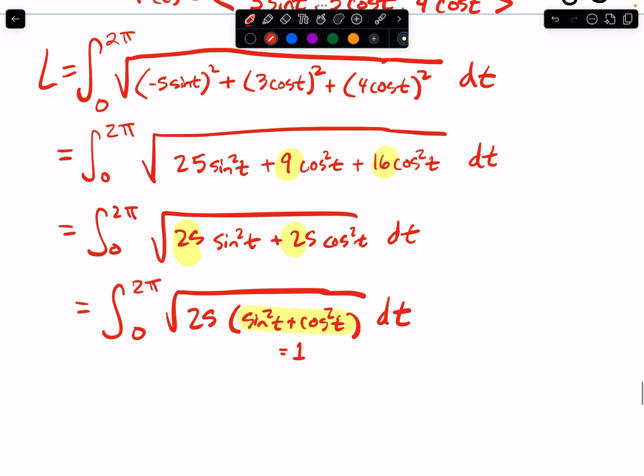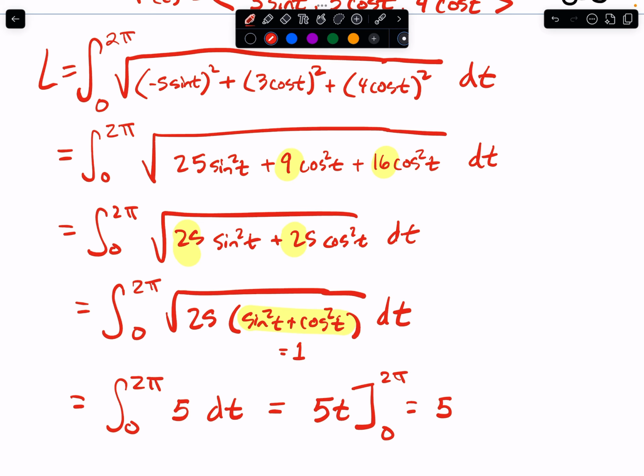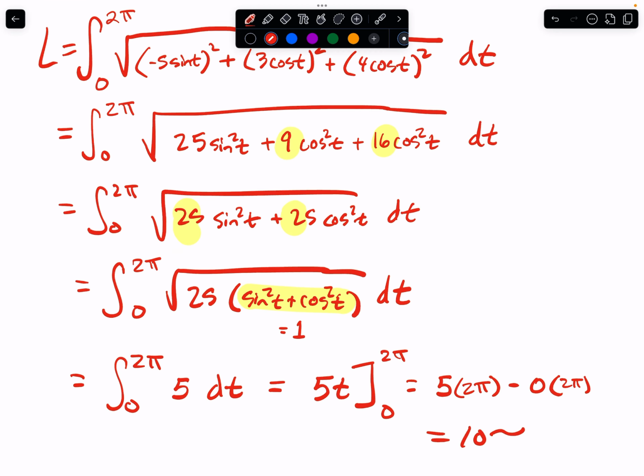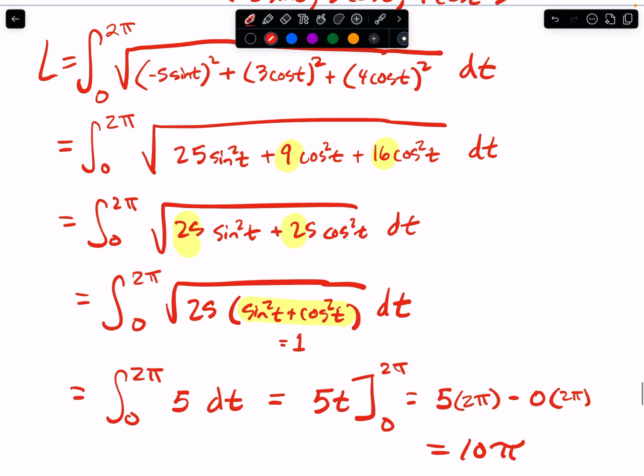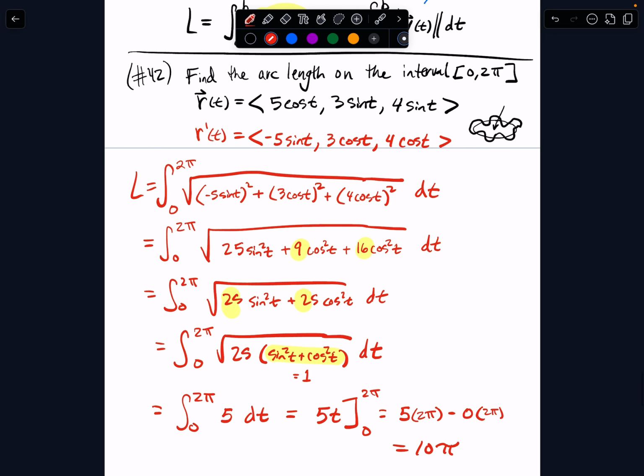So to take the square root of 25, I get 5. Okay, 5 dt. That's 5t from 0 to 2 pi. So that's r of b minus r of a, which is 5 times 2 pi minus 0 times 2 pi, which gets me 10 pi. How about that? All right, so that concludes 11.2.